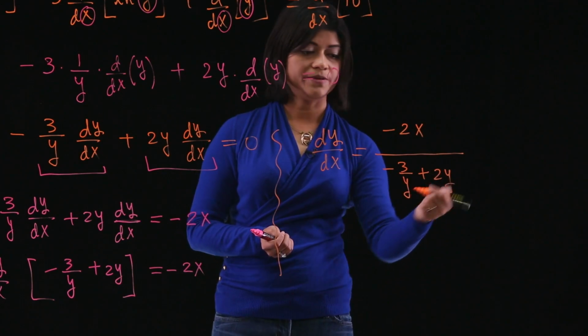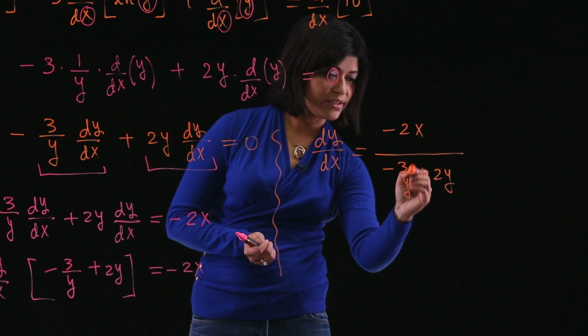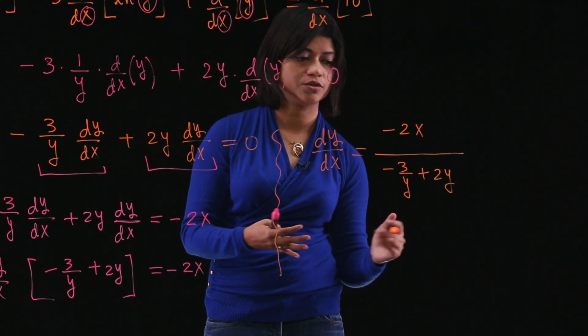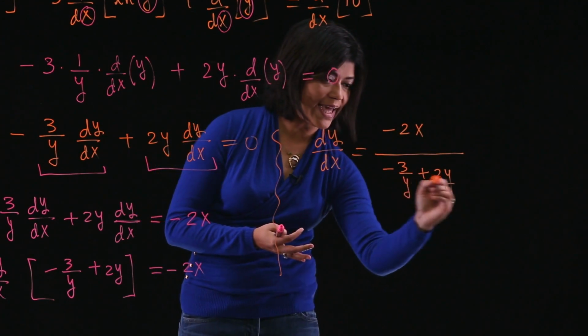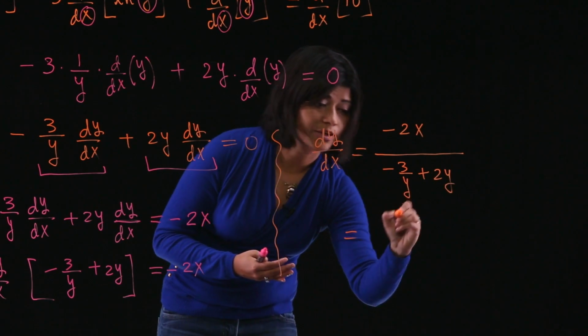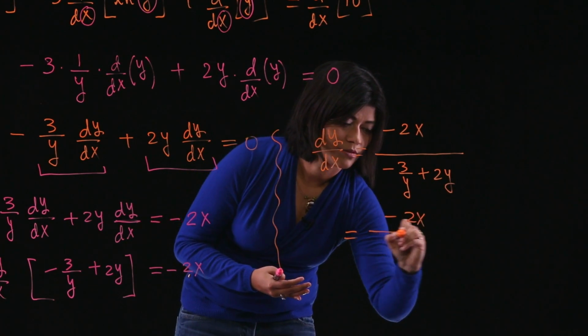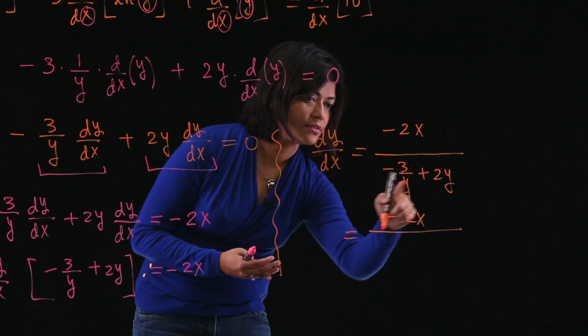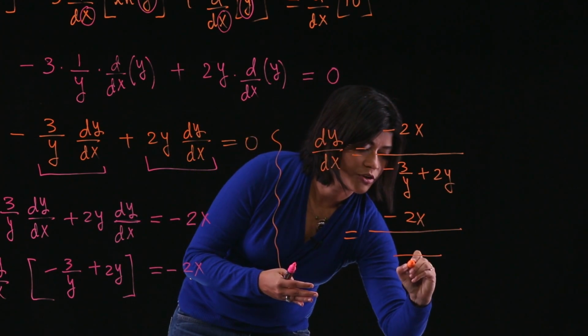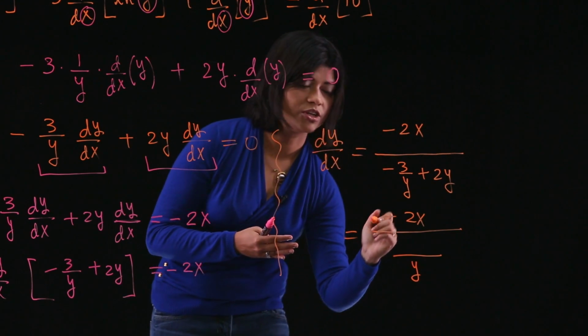If you want, you can simplify a little bit. See, in the denominator you have a fraction. So let's make it into one fraction. We can add these two terms using a common denominator. It's just cross multiplying. So you have a denominator of y, the common denominator.